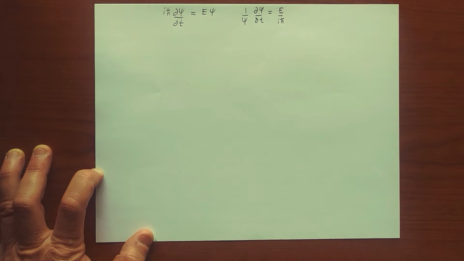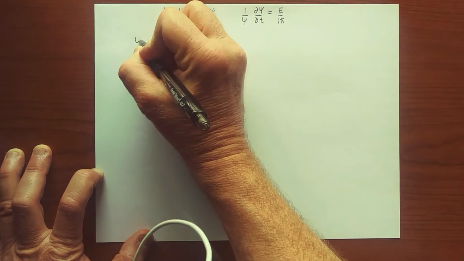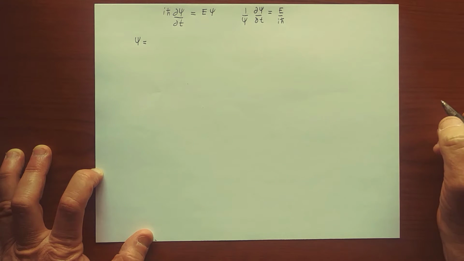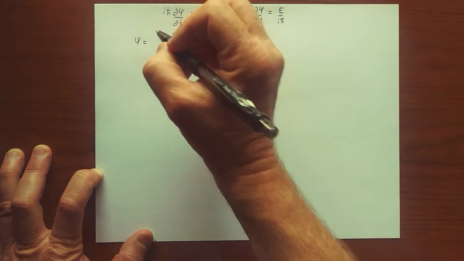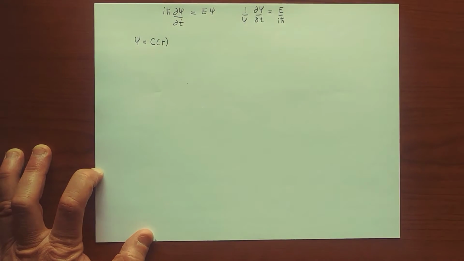So that follows from there, and when we integrate, right, we're going through the logarithm and we end up with psi being some function that's a constant in time, so that could be some c of r, some function of space.